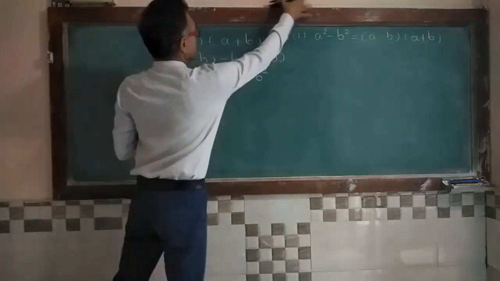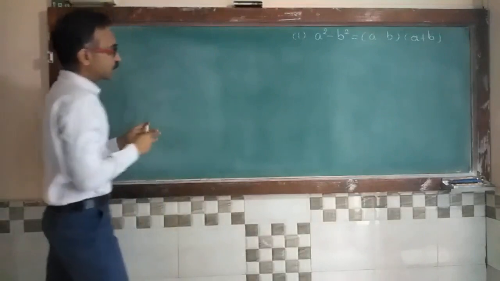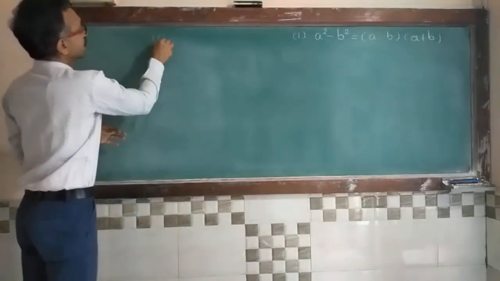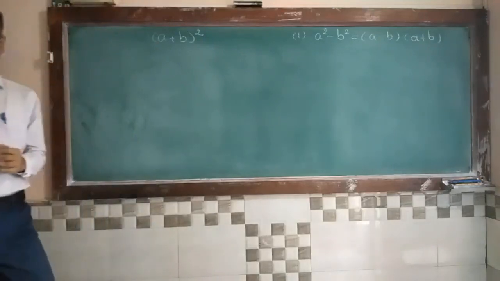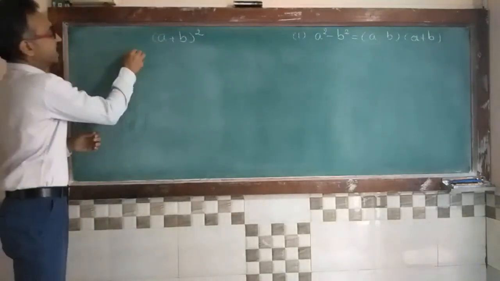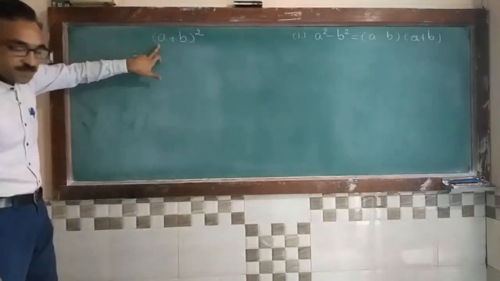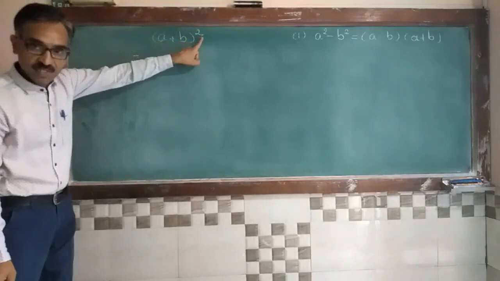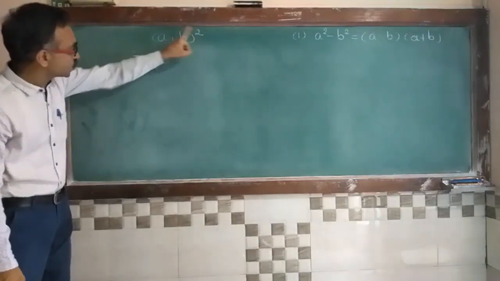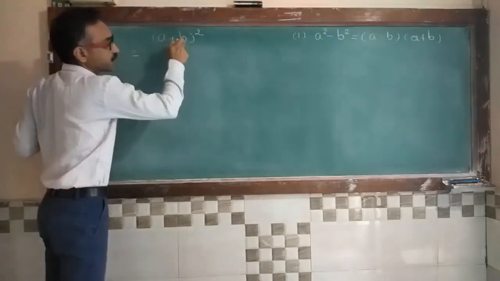Next, suppose you are given a plus b whole raised to square. As we know, square of the first term, then plus multiplication of all the three terms, 2 into a into b, and the third one is plus b square.